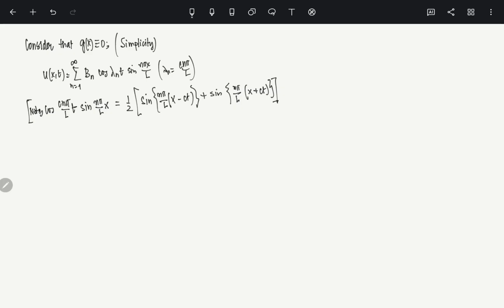So that's what we are getting. This is just a way of writing it, nothing special is going on here.